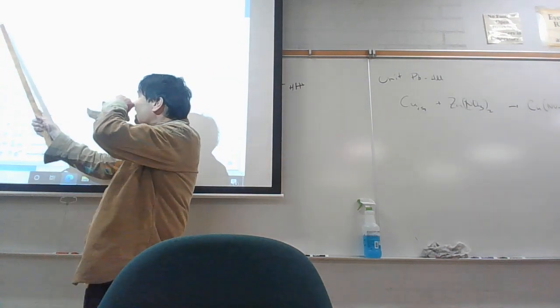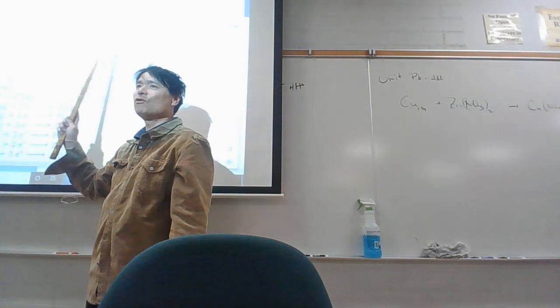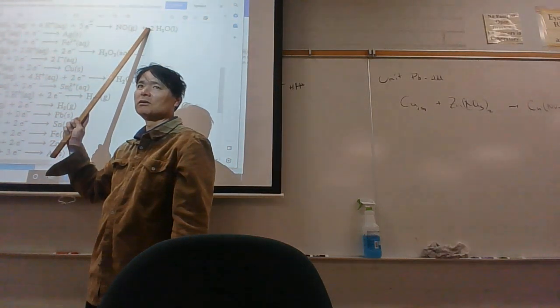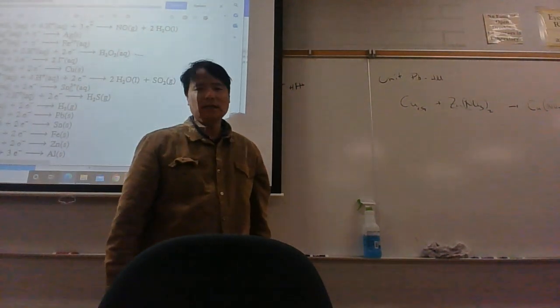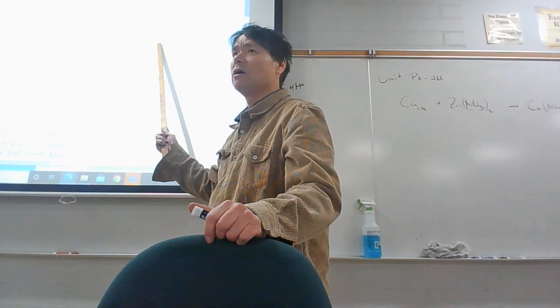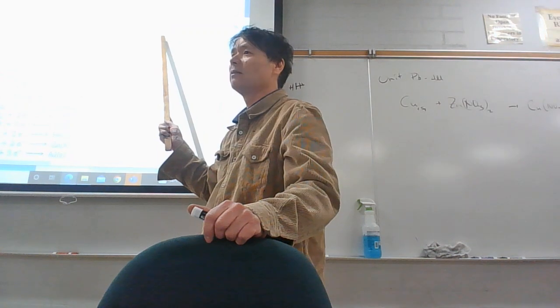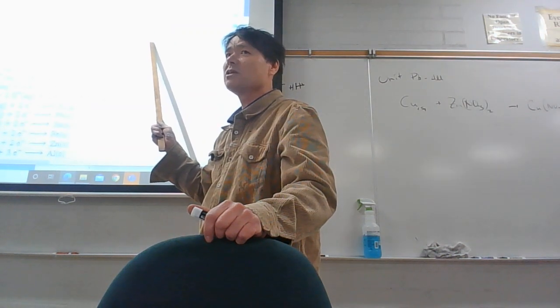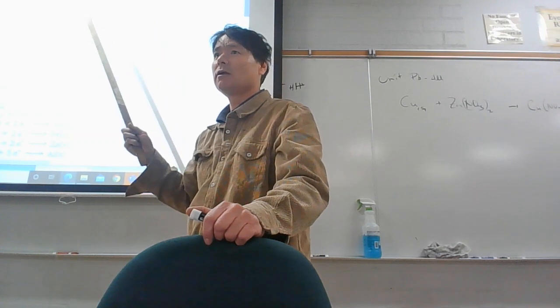If I have nitrate here and I have no acid, then can I form water? In other words, I need H plus in order to form H2O. If I don't have H plus, then I'm going to form what? Oxide. Is oxide very stable? No, oxide's a very powerful base.